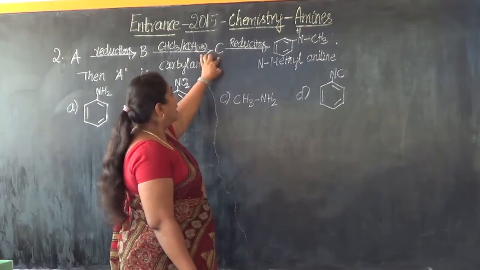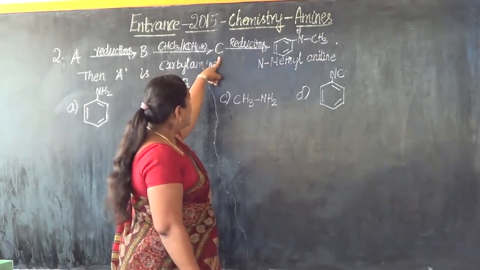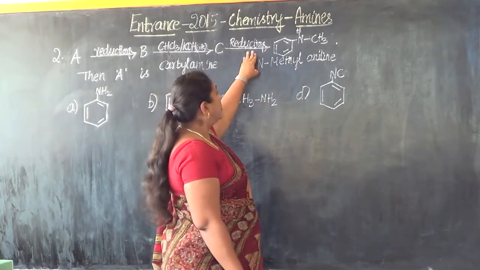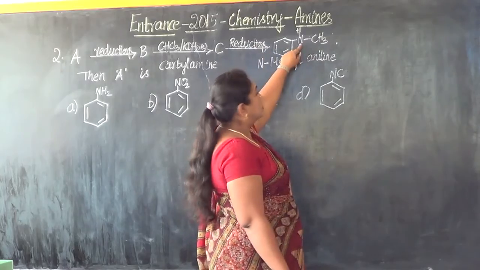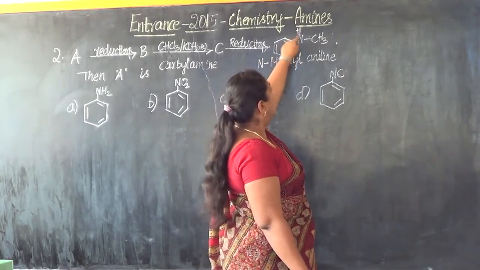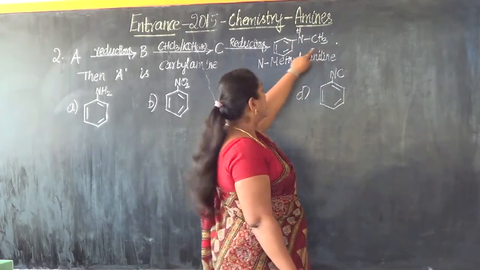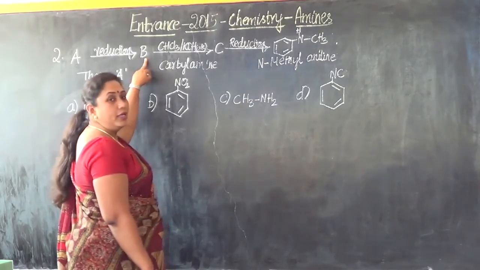So C is an isocyanide, and this isocyanide is subjected to reduction. Then NC adds hydrogen, with hydrogen along with N and along with C. So this should be a primary amine.